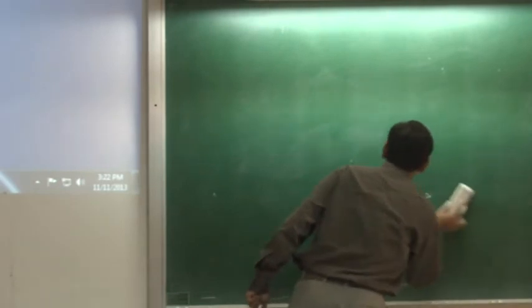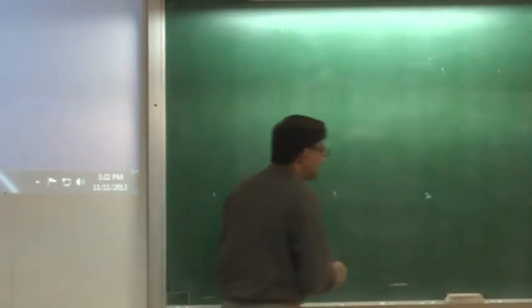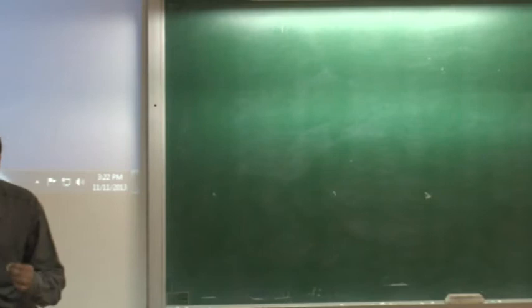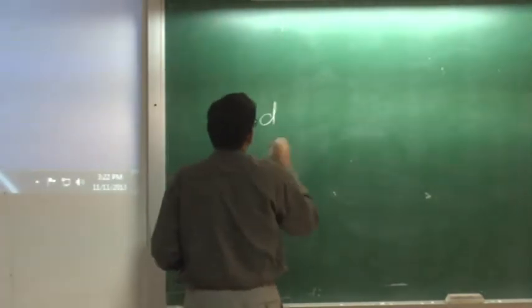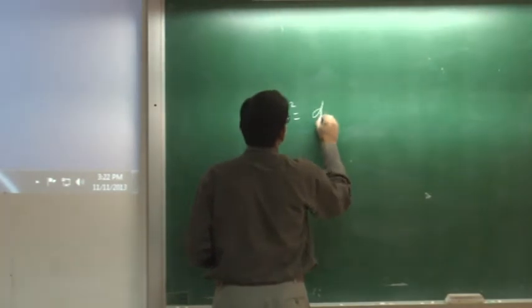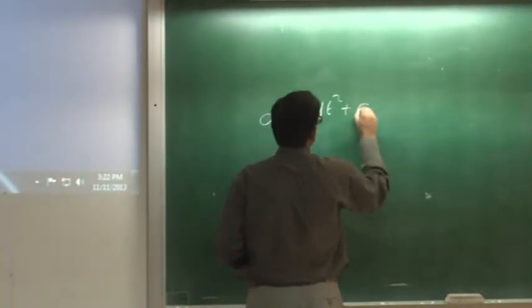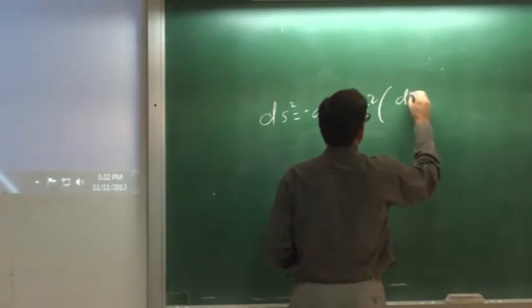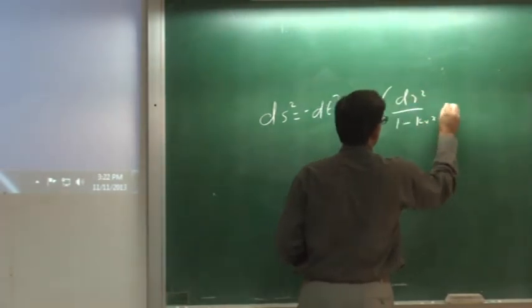So before that, I should just make one comment about the line element which I talked about in cosmology. See, I had said that ds square equal to minus dt square plus a square dr square by something.